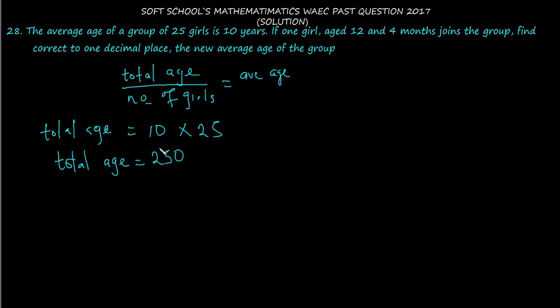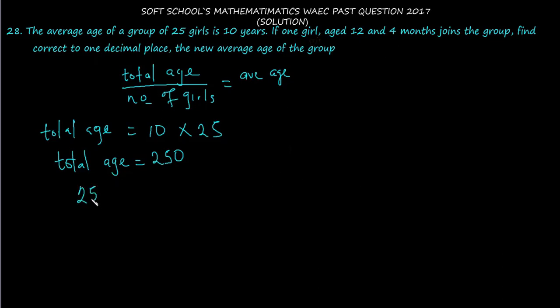250. After we have done this, we can come back and say the total age is 250. They now said if one girl aged 12 years and 4 months joins the group, the total age will increase by 12 years and 4 months.